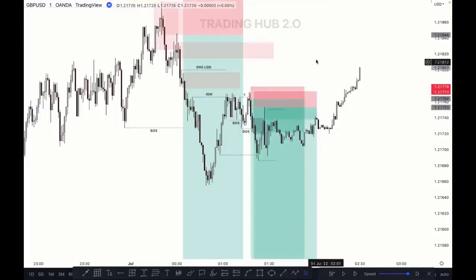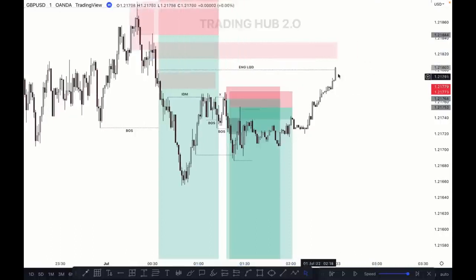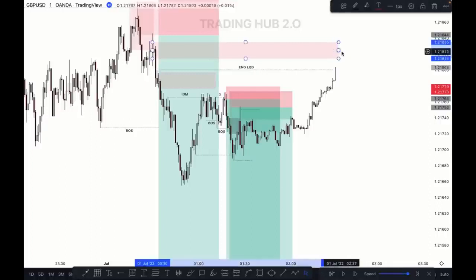Okay, so where is our next criteria for the sell? It is here, after taking out this engineering liquidity. Okay, the market already took out this engineering liquidity, but there is no guarantee it will mitigate this order block.